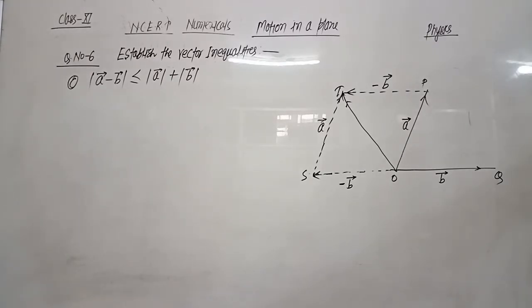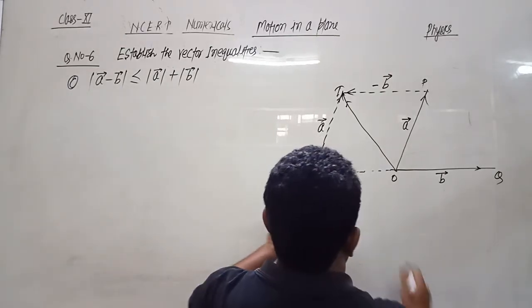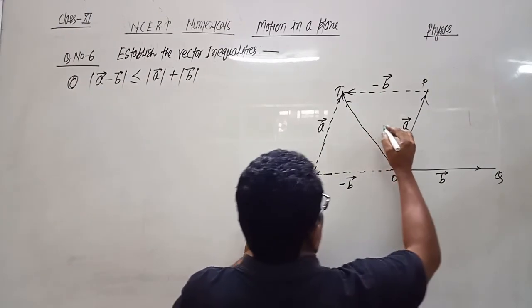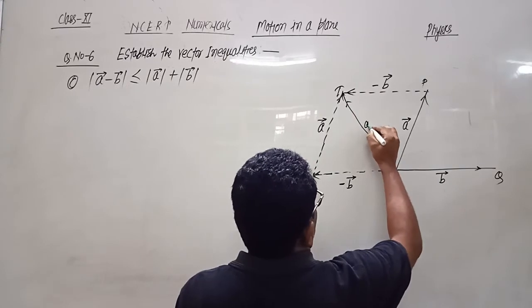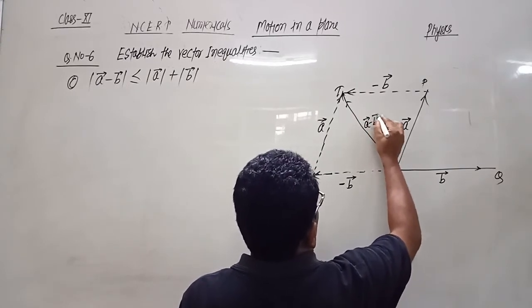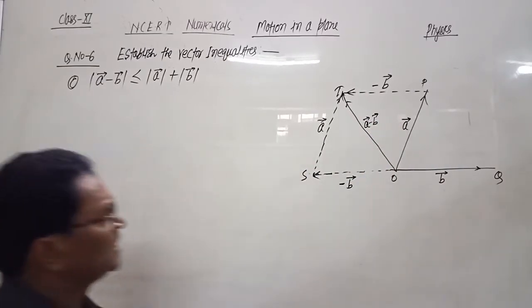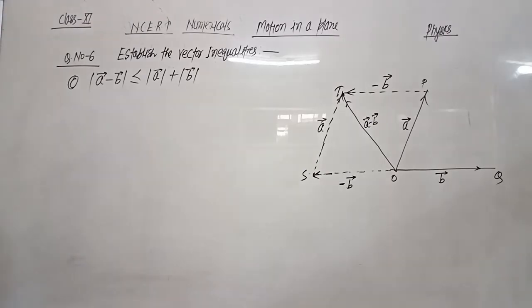The resultant vector is given by vector A minus vector B.